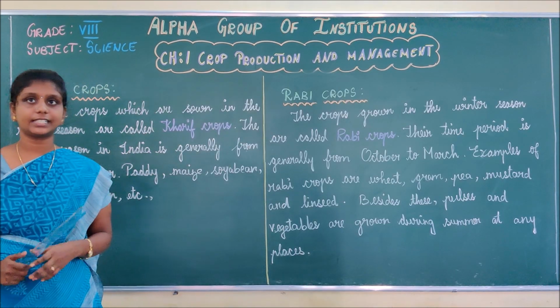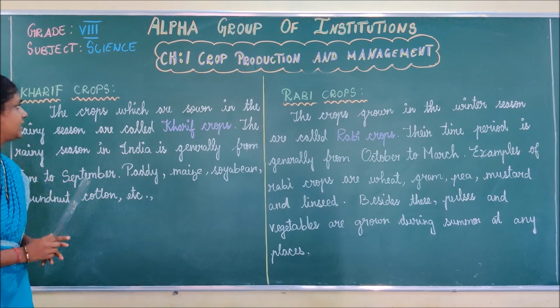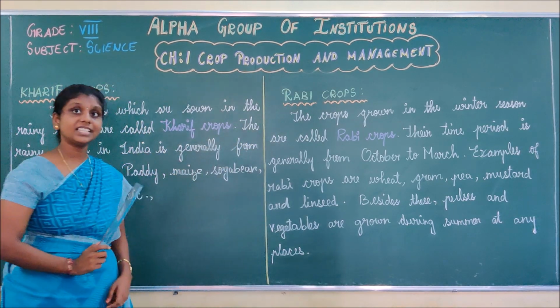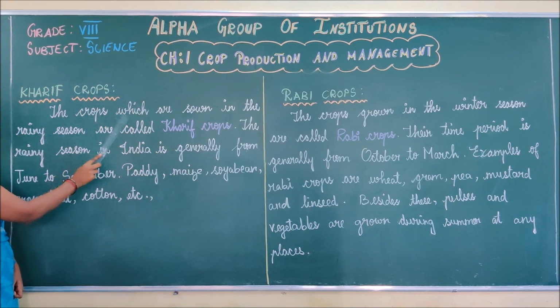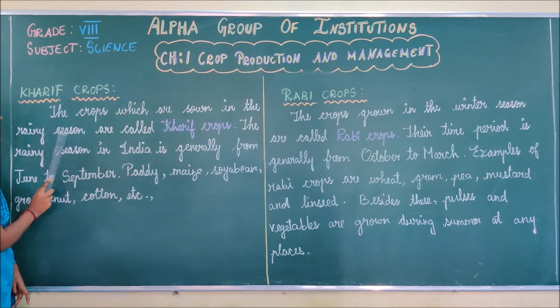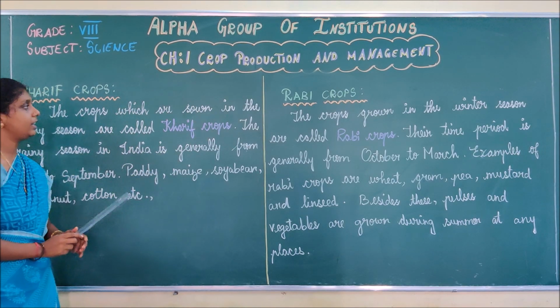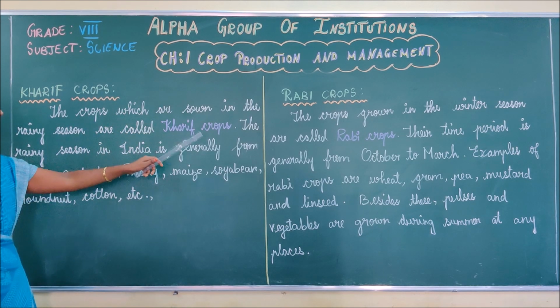Next we are going to discuss the two types of crops: first kharif crops, next rabi crops. First, what are kharif crops? The crops that are sown in the rainy season are called kharif crops.